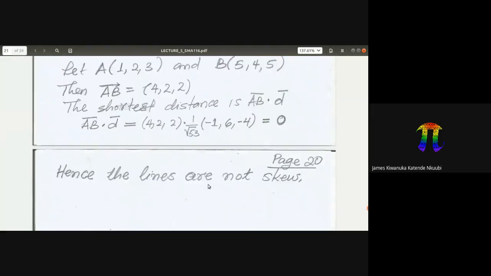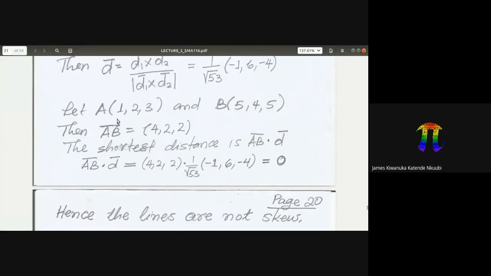So we have one point on each line. We can find the vector from A to B as this. And now the distance between the 2 lines will be the projection of this vector AB on this vector in the direction of the line of shortest distance. And when we do that, we find that the projection is 0.